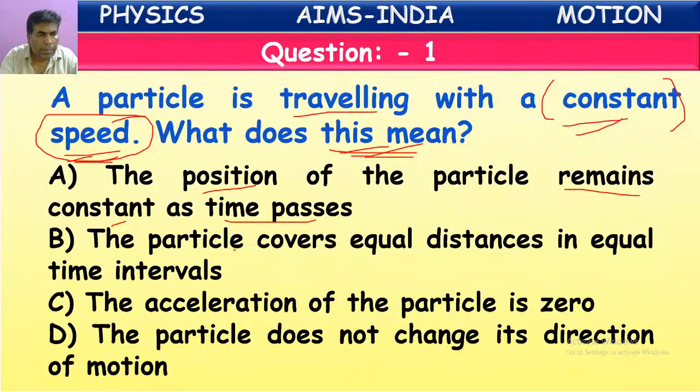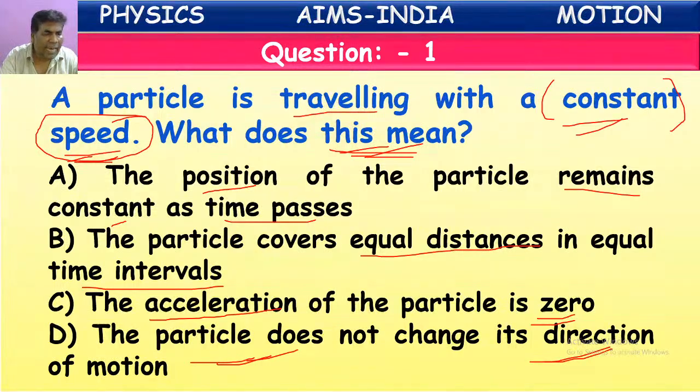Next, the particle covers equal distances in equal time intervals. That is second. Third option: acceleration of the particle will be 0. Fourth option: the particle does not change its direction of motion.